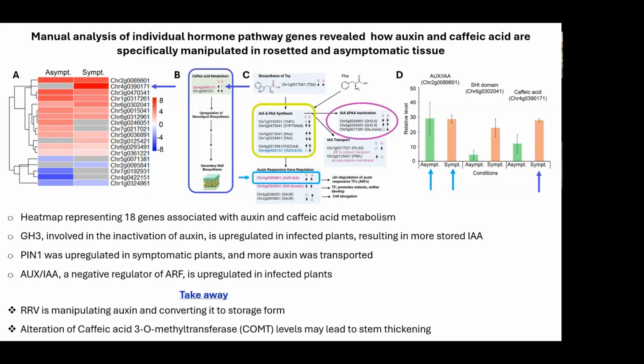We confirmed this gene with qPCR and saw the expression level is higher in symptomatic. The other gene we checked is the SCR domain gene, which is part of the auxin responsive gene family, and we found that the gene is more upregulated in symptomatic compared to asymptomatic. And when we look at this gene in our dataset here, it is as well upregulated in symptomatic compared to asymptomatic. So yes, those are the two genes which I can recommend.